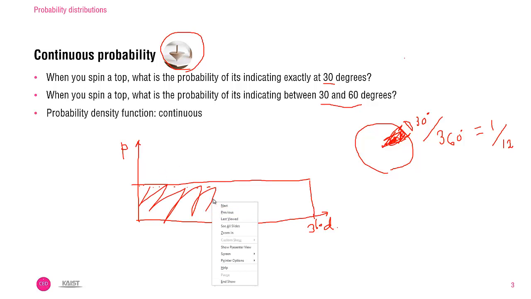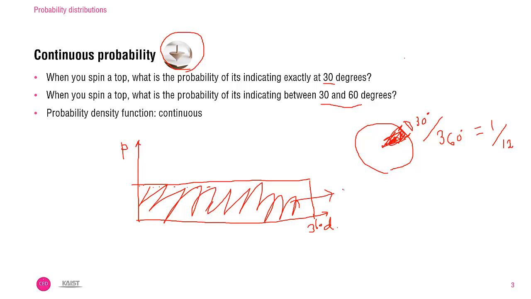The size of this area will be 1, right? 1 means 100% in percentage unit. So in this case, the probability is continuous. Different shape from the previous page, but it's continuous.